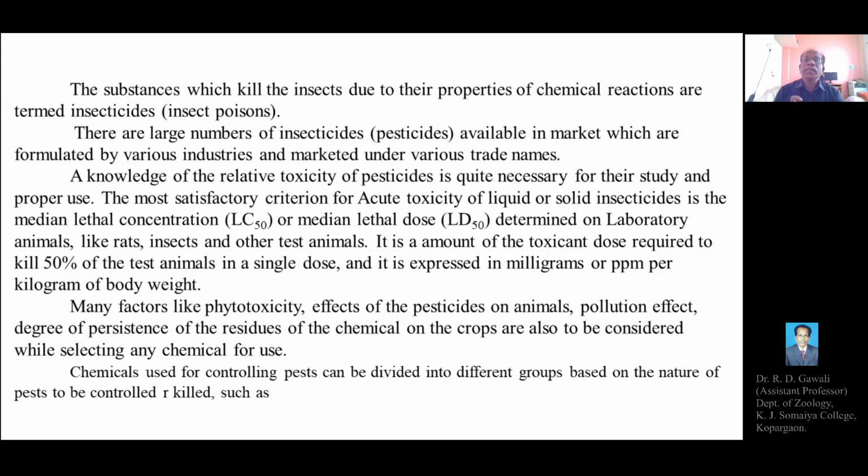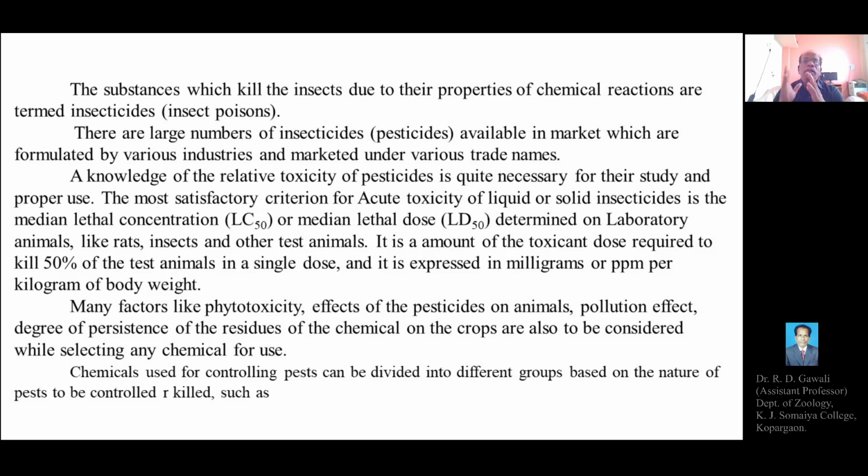So the substances, chemicals or poisons which kill the insects due to their properties of chemical reactions are called insecticides or insect poisons.